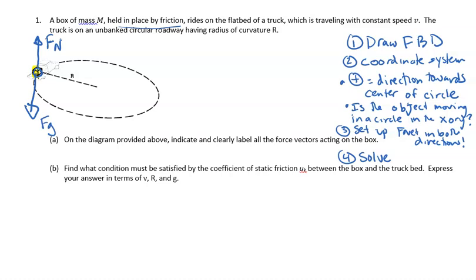Now let's think about what direction friction is going to be. The object wants to go just straight this way. That is its tangential velocity, the direction it would want to go. Sorry, I lied. If I think of the truck as moving clockwise, the object would actually want to slide back the opposite direction, but tangentially either way.